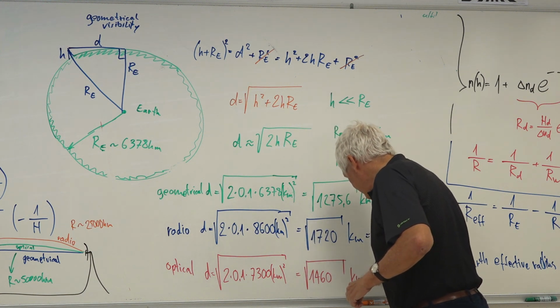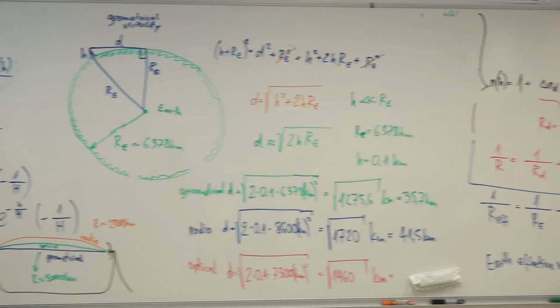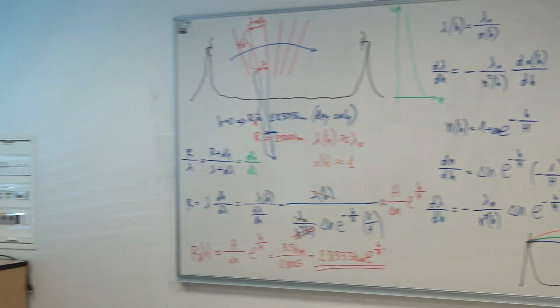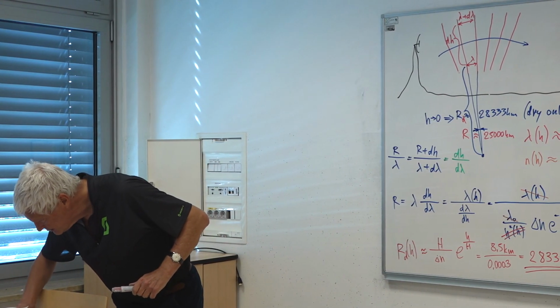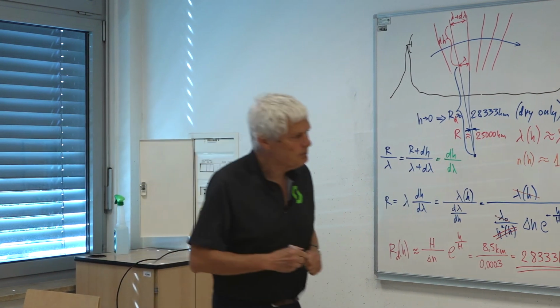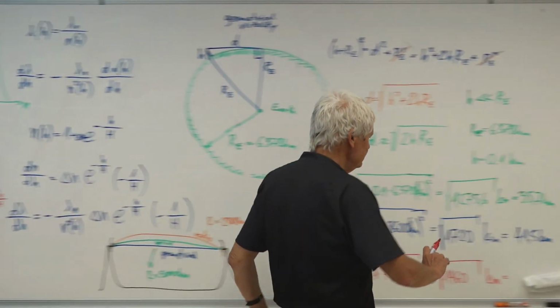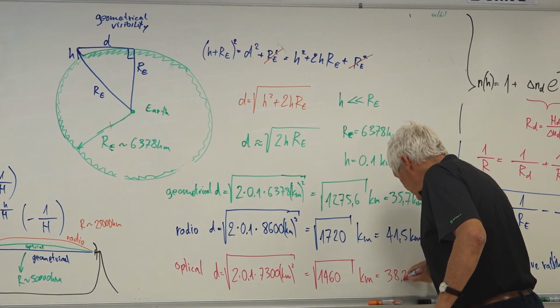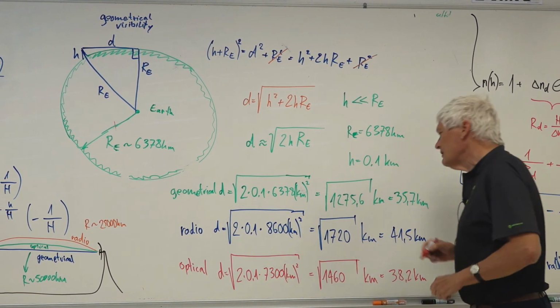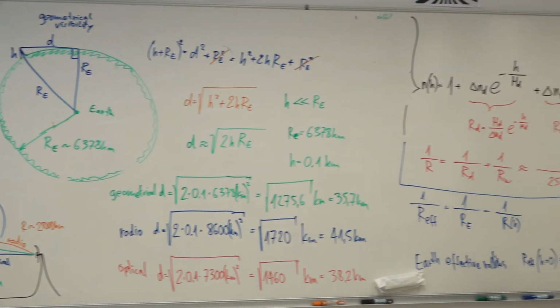Outside the square root is kilometers, and now we take the square root of 1460, just to avoid guessing, is 38.2 kilometers. So even in optical, we get much farther than geometrical. So even here there's a difference.